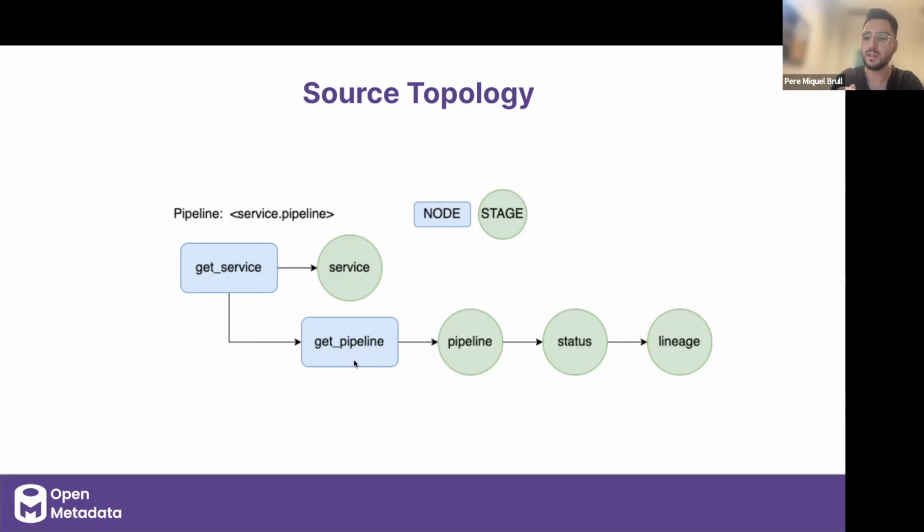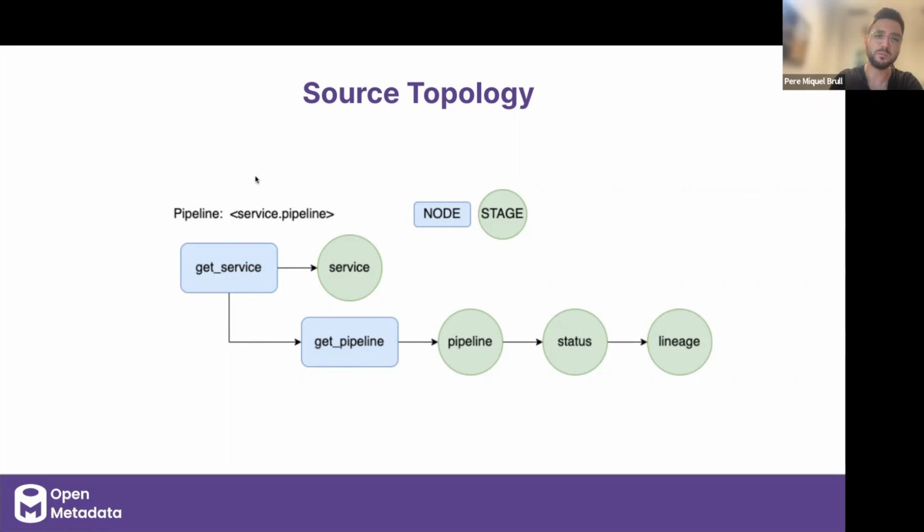So for me, the different stages to completely ingest all the metadata related to a pipeline are, first of all, I need to get my pipeline. Once I have my pipeline, I can send some status data about that pipeline. And once I have this status data, I can pick up the lineage.